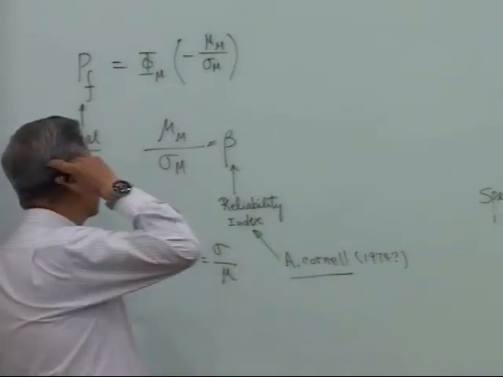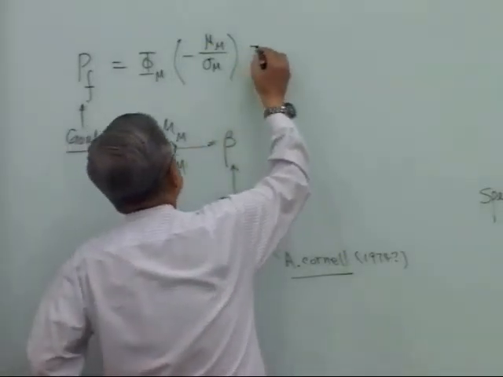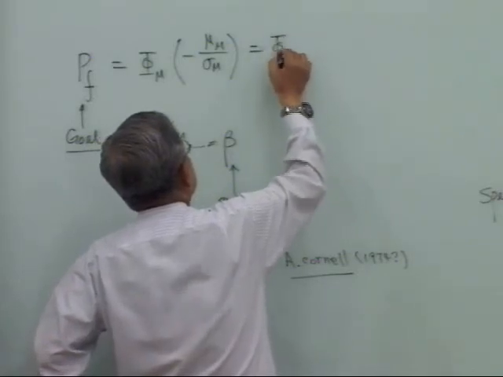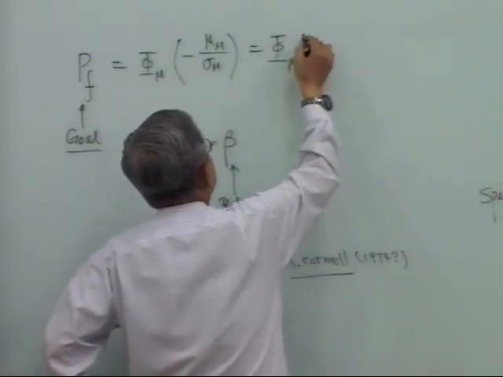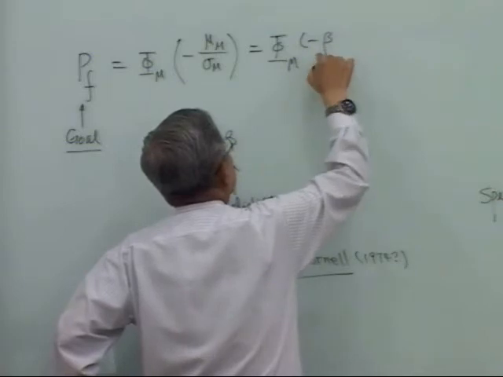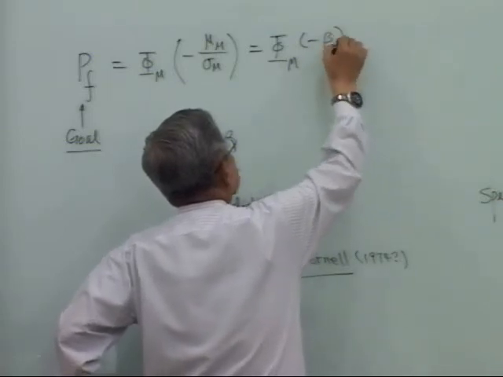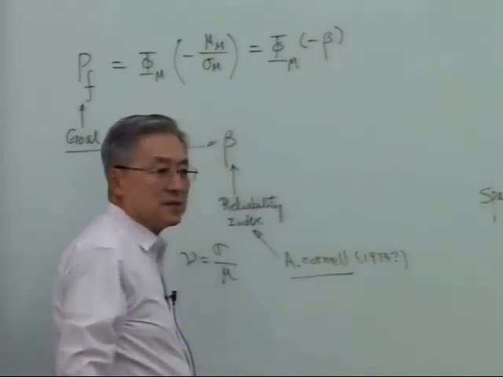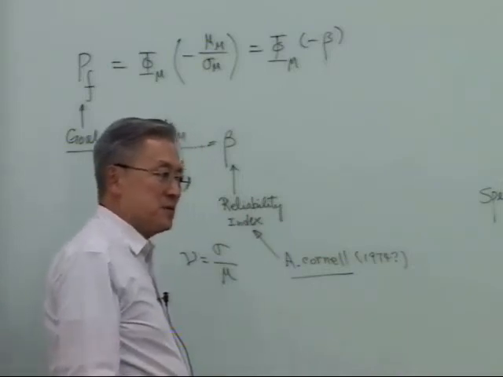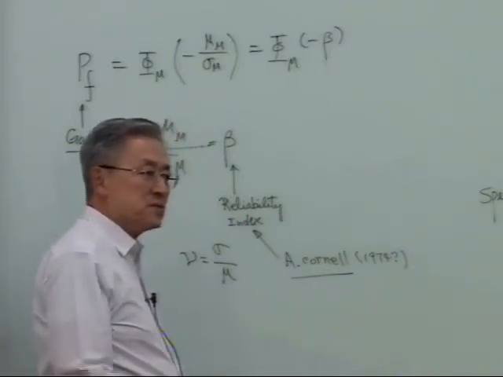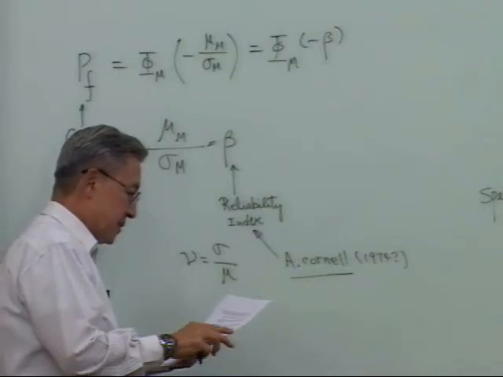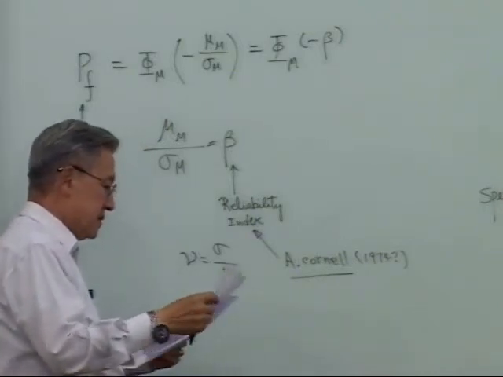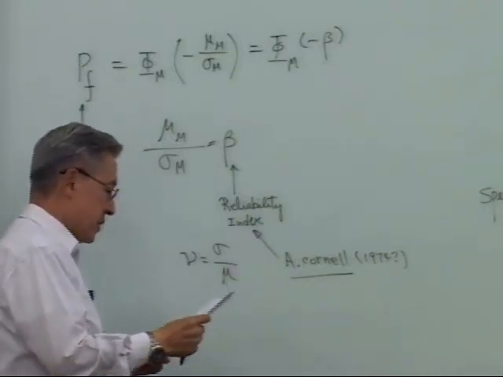Okay, this is beta, so I can rewrite this as phi of minus beta, the reliability index. Since then, many authors in this area have used beta as some sort of measure.